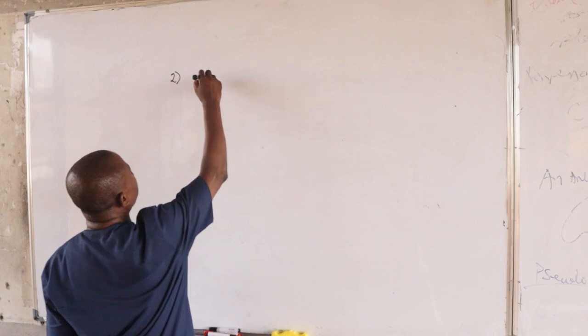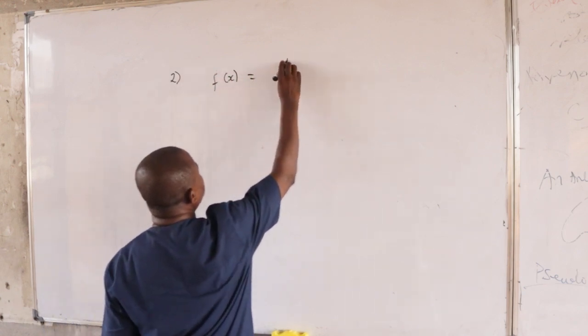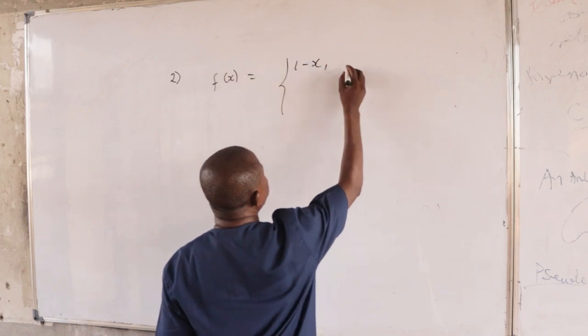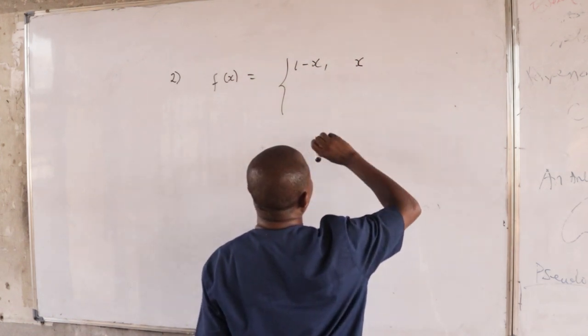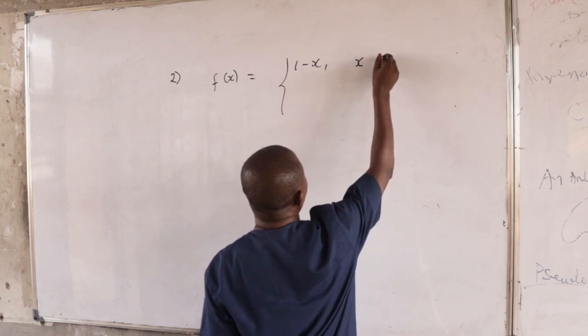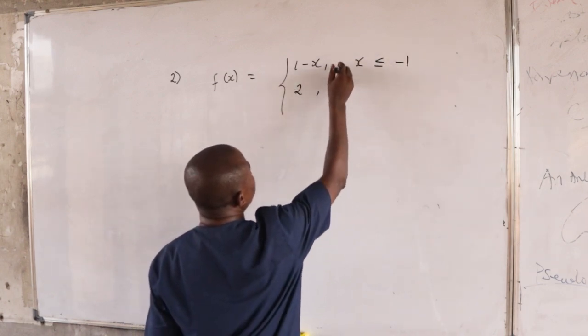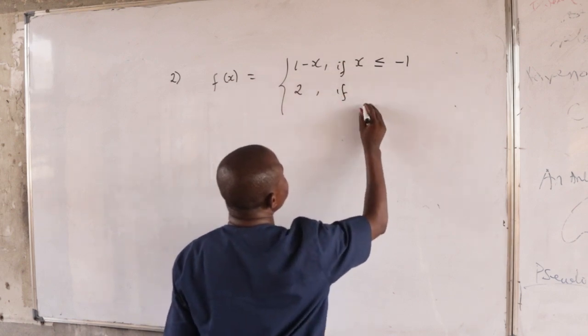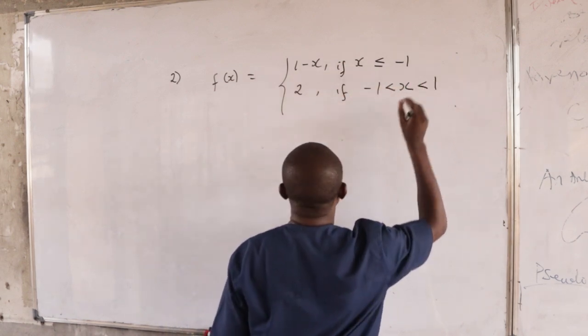Look, let me take f of x to be 1 minus x if x is less than or equal to -1, and I take it to be 2 if -1 is strictly less than x, and x is less than 1.